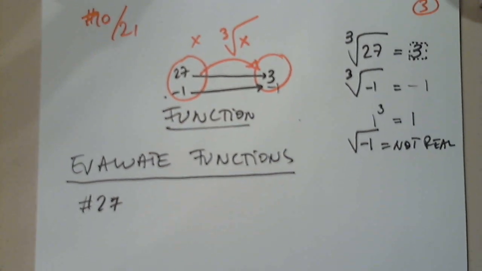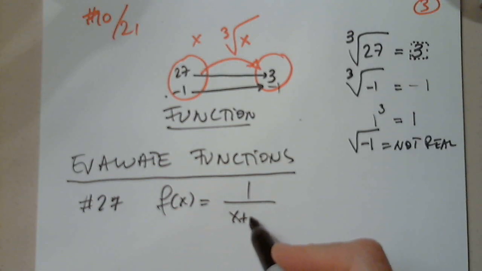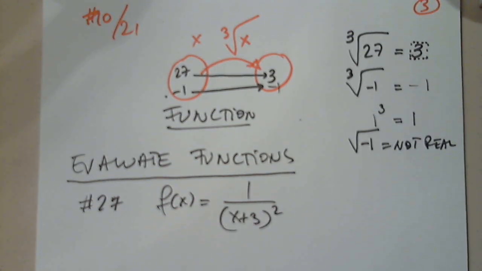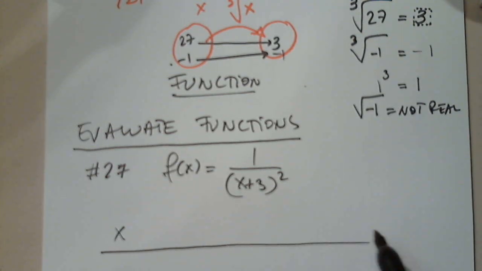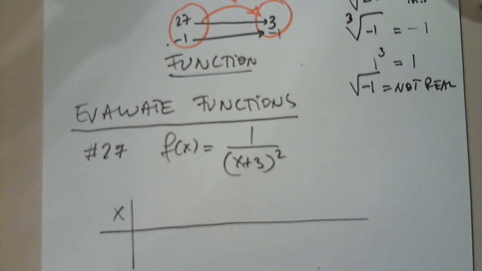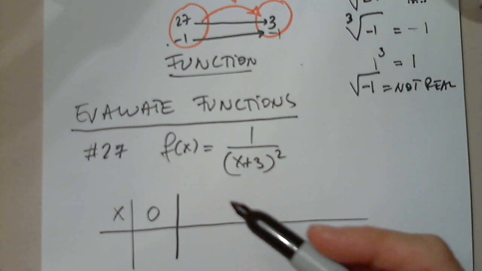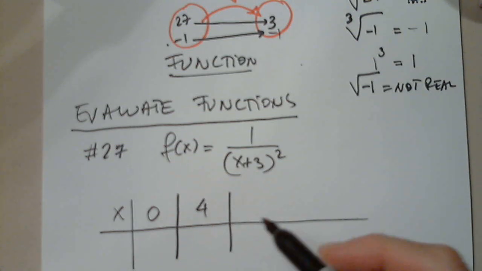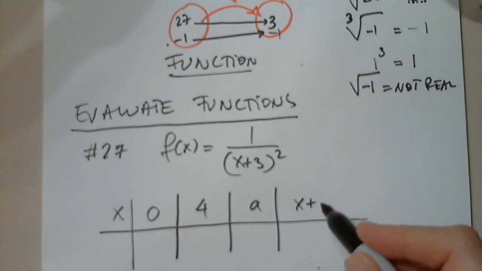In 27, the function f is given by f of x equals 1 over (x plus 3), everything squared. And they're asking us to find f of 0, 4, and then they want a, and then they want x plus h.